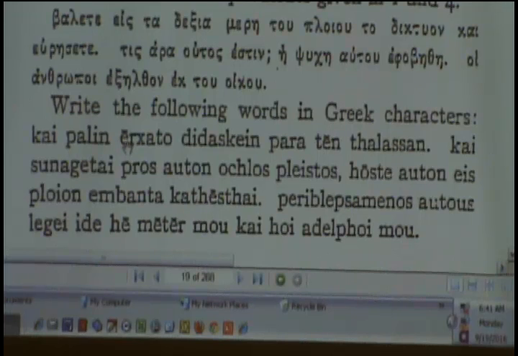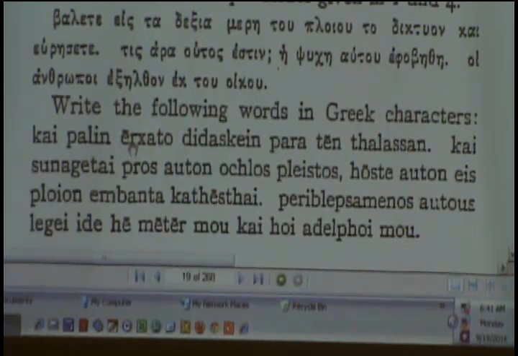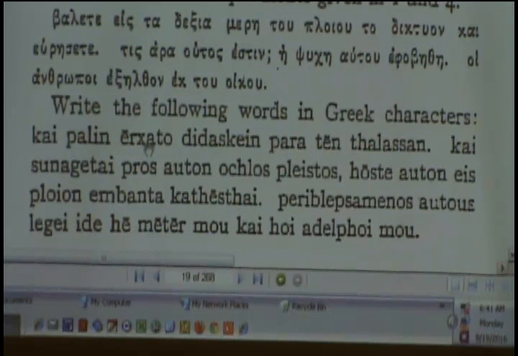This is a long E, so it's eta, rho, chi, alpha, tau, omicron. See, that's then didaskein. That's a delta, iota, delta, alpha, sigma, kappa, epsilon, iota, nu.